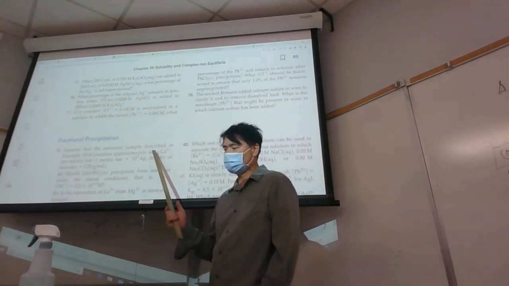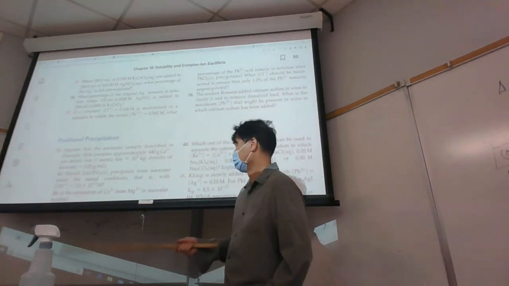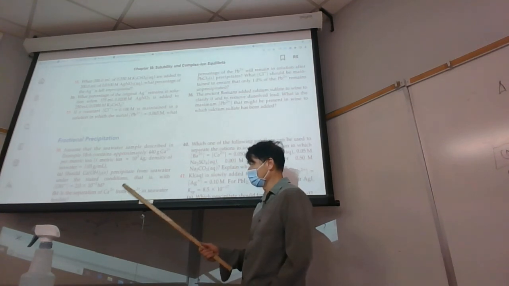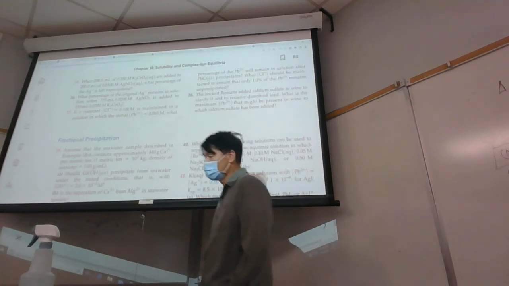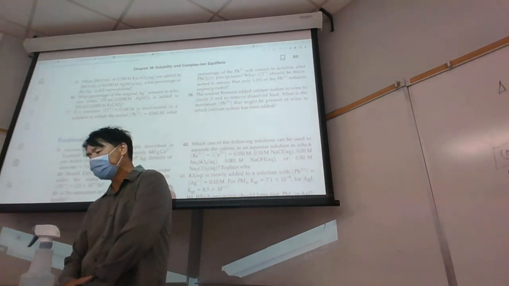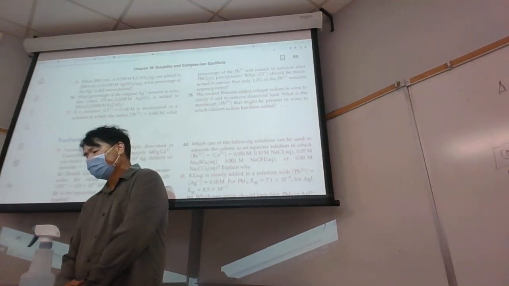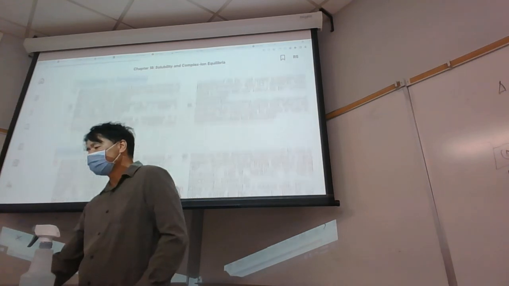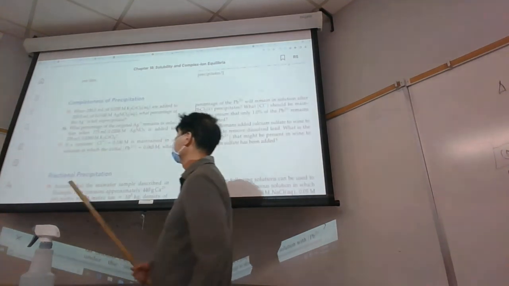For fractional precipitation, we calculate the concentration of the precipitating agent required for precipitation. And so I'd look at all these and see what kinds of variations they have for fractional. And I'd look at these and see what kinds of variations they have in this.